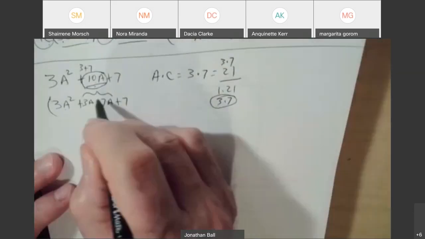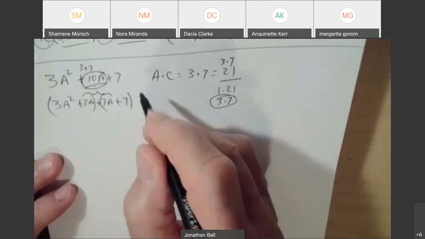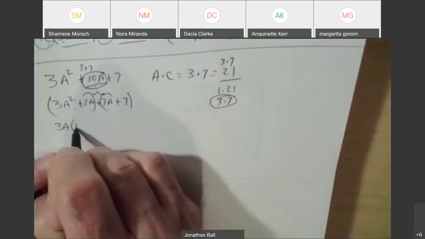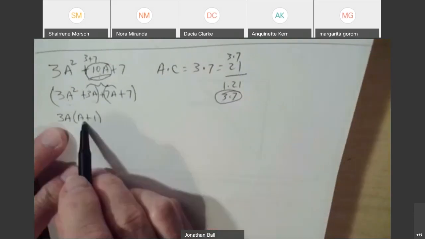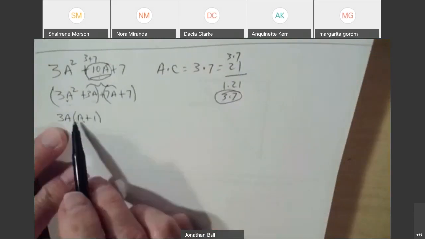Now we're going to group these together, group these together. What can we factor out of here? 3a. Is that right? 3a times a is 3a squared. That's right. 3a times 1 is 3a. That's right.